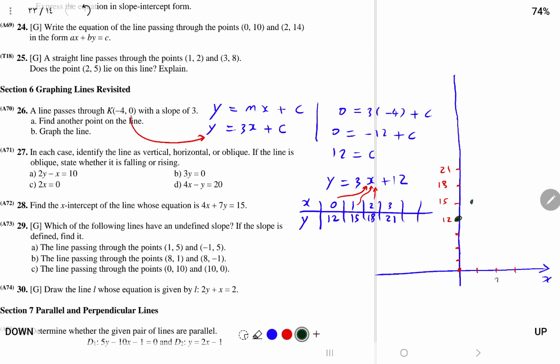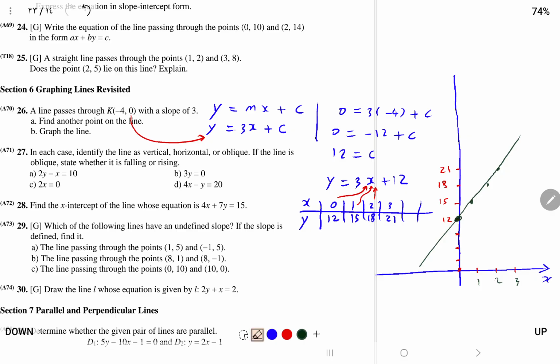Then (2, 18) here. And then (3, 21) is here. Then you connect and extend. So that's the graph in question number 26.